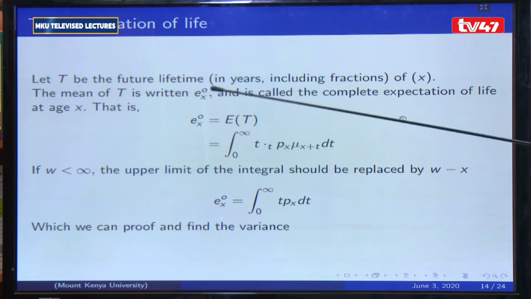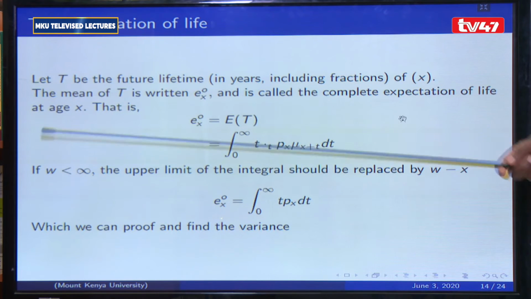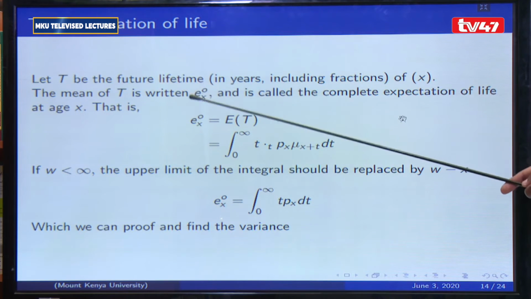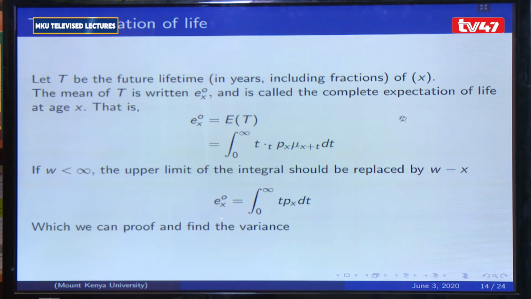So we first of all let T, the capital T, be the future lifetime, and this is in years, and including fractions of x. So the mean of T, which we denote by e, with a superscript naught similar to what we have in degrees Celsius, then a subscript x, is what we refer to as complete expectation of life at a given age.